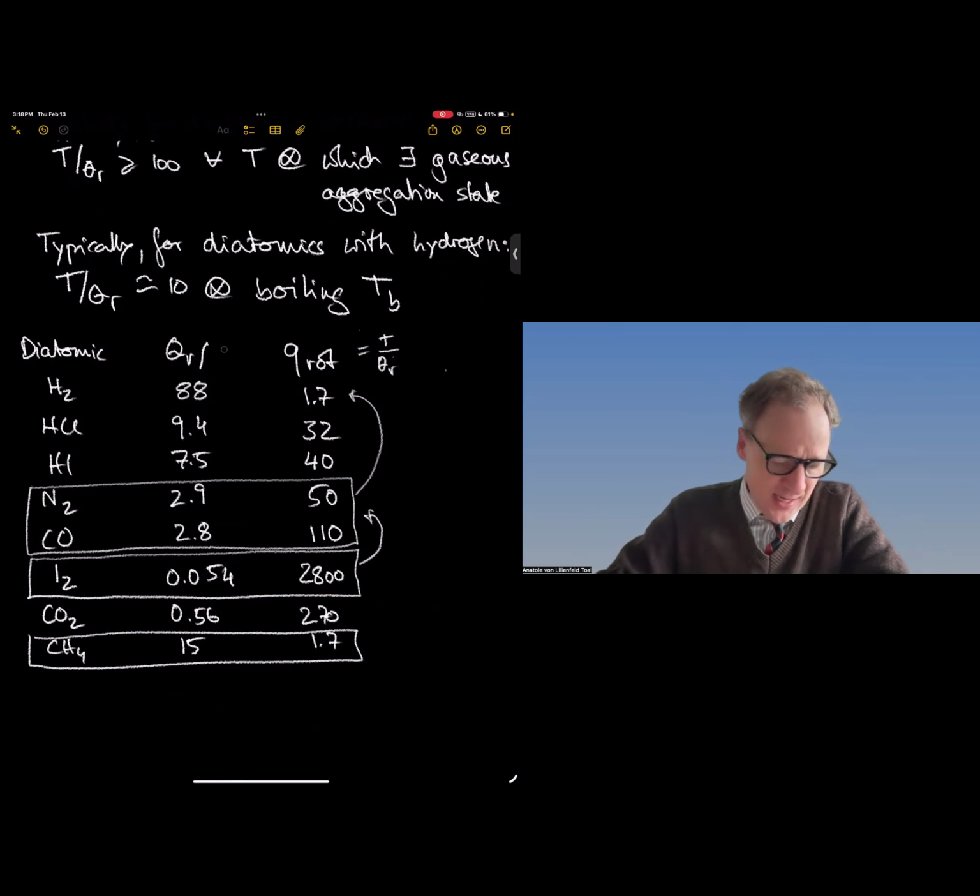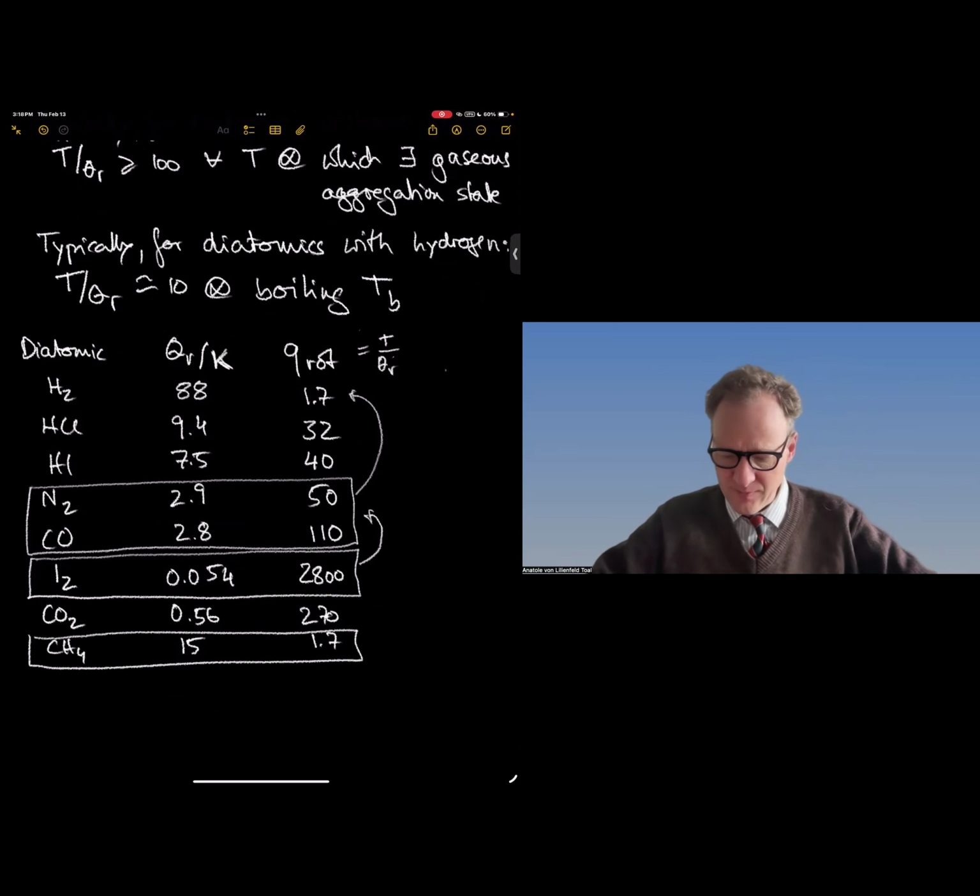This is not tau R over T, but tau R in units of Kelvin. Okay. So it carries temperature units. And so it can be measured in Kelvin, while Q is dimensionless.